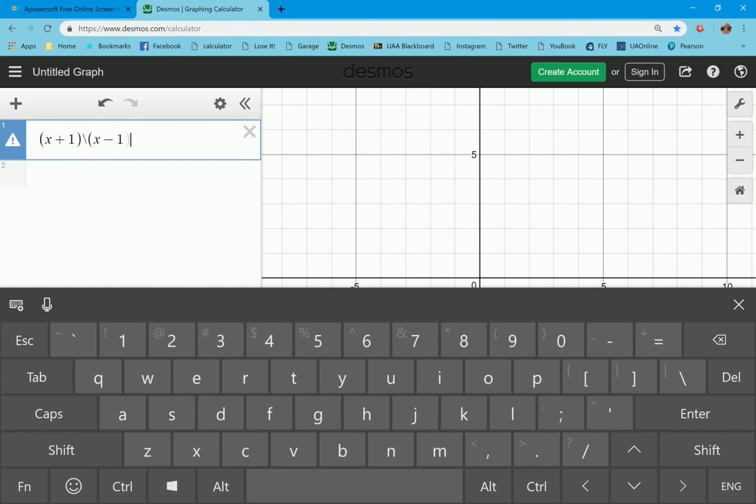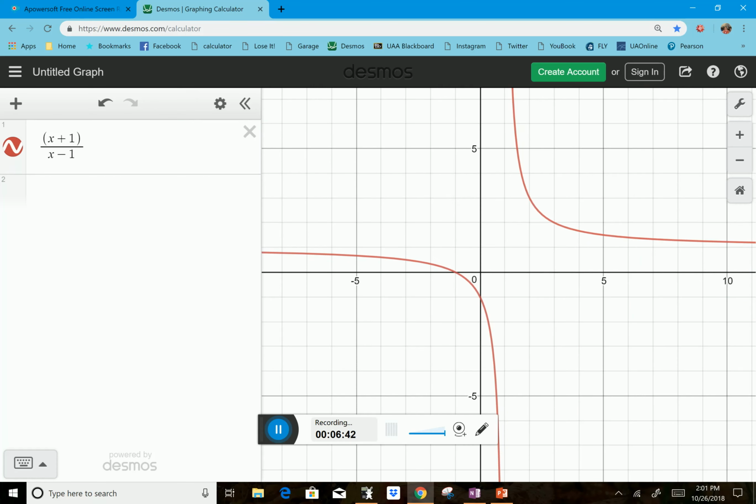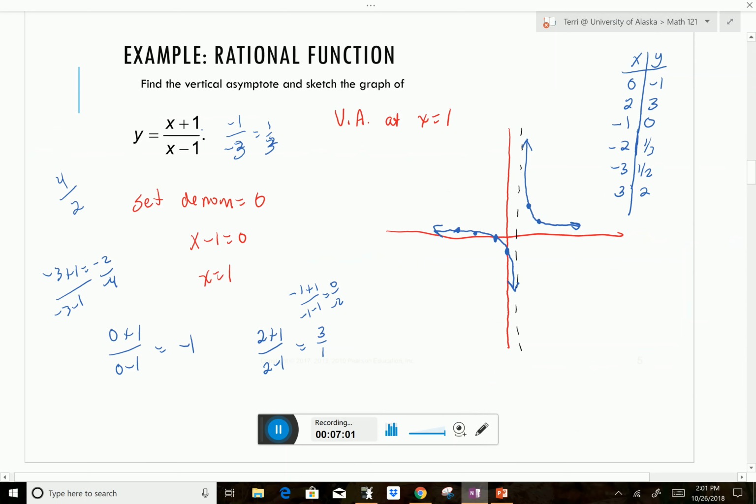I think I used the wrong slash. There we go. Whoops. Let me get rid of this. Okay. And that's kind of what it looks like. So we see this imaginary line right here that it never touches. We kind of see one going this way also, don't we? So that would be a horizontal asymptote. Interesting. We'll talk about those in just a second.